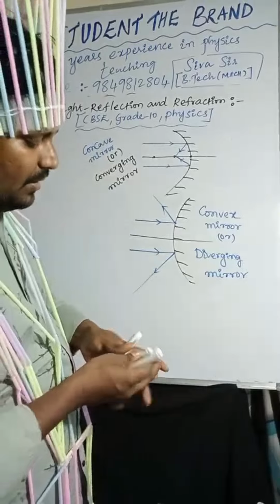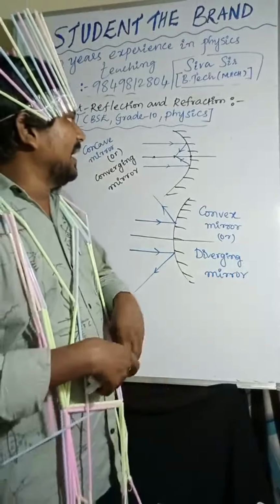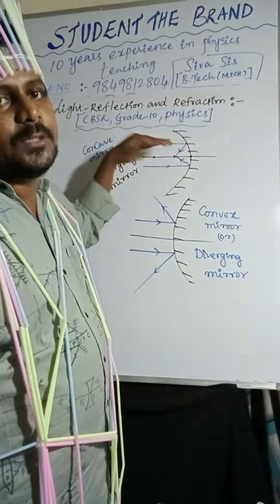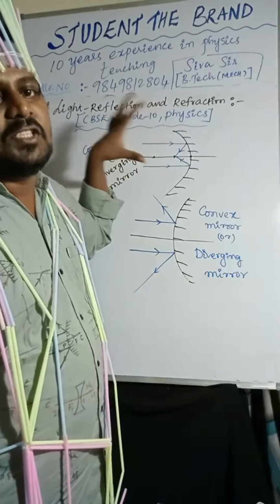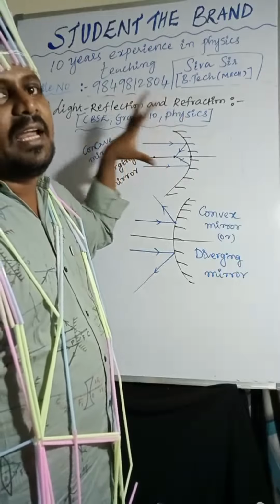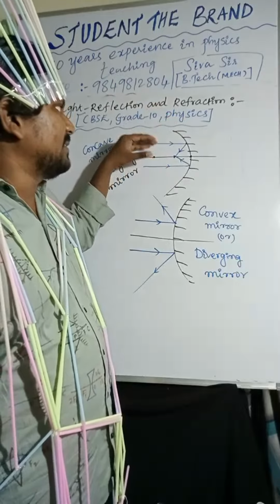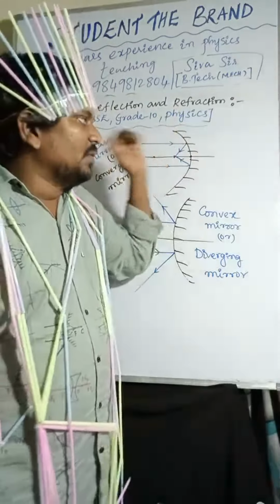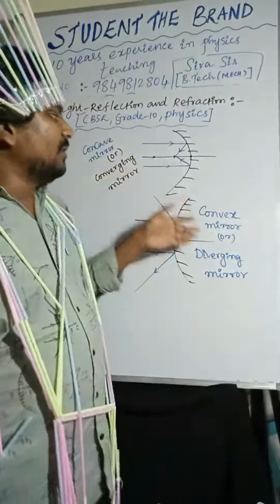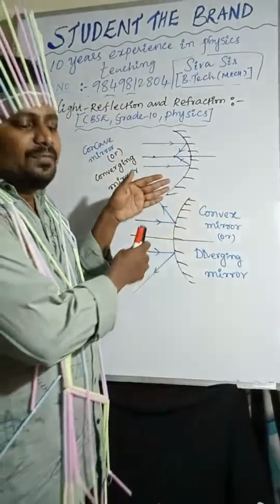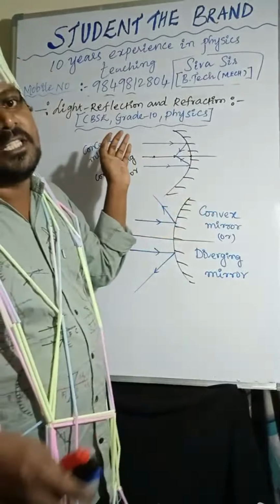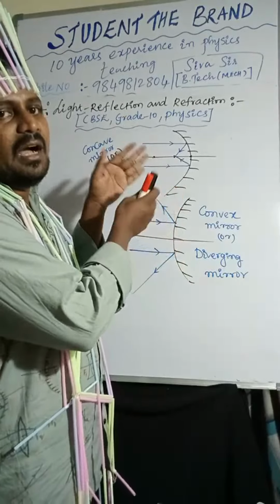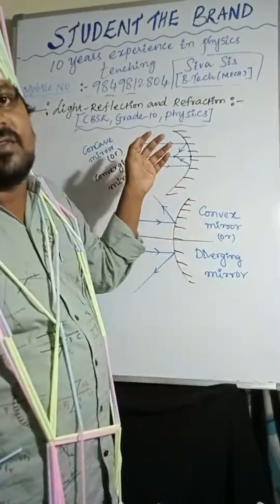Why are we calling them like this? Whenever light rays are incident on a concave mirror, after reflection the light rays move towards the principal axis. Coming to the convex mirror, after reflection the light rays move away from the principal axis.